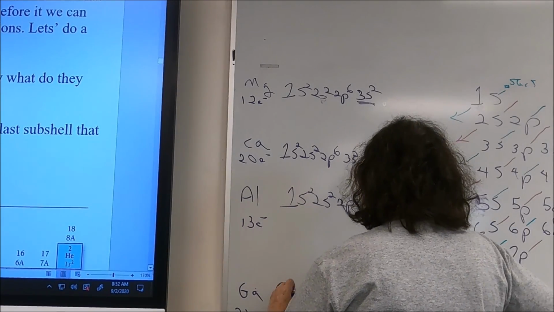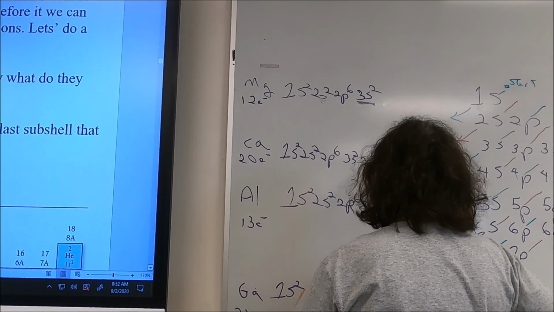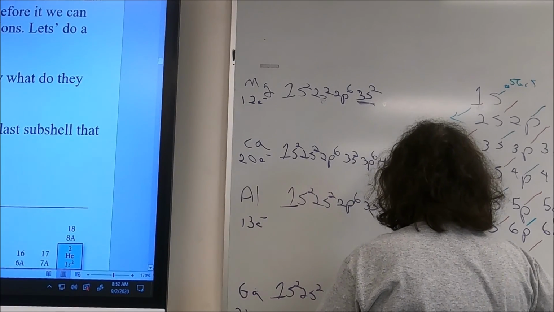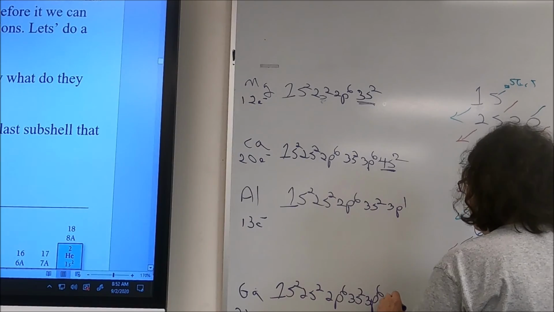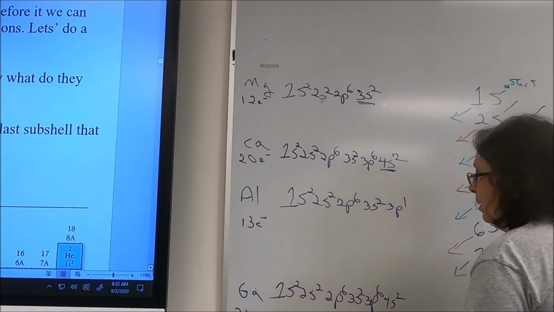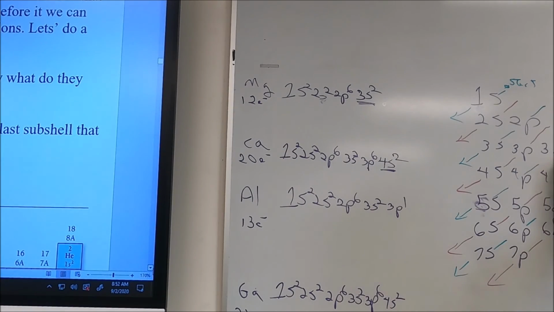Gallium, 1s2, 2s2, 2p6, 3s2, 3p6, 4s2, that brings me up to 20. Now, after 4s in energy comes 3d.